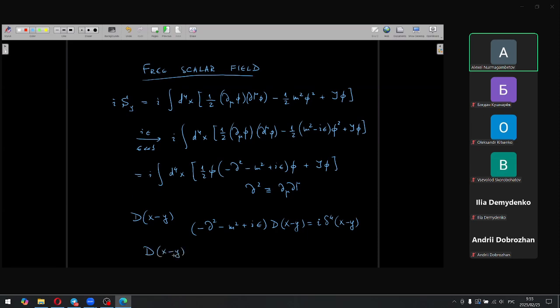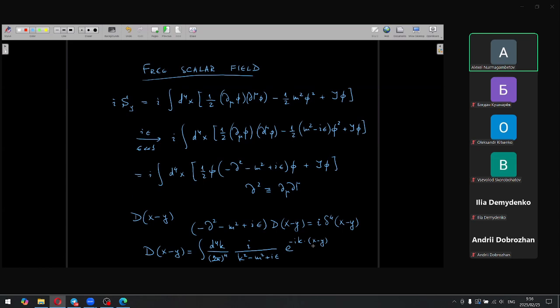D of x minus y is equal to the integral over the four-dimensional space, say dual to the coordinate space, of the momenta, i over k square minus m square plus this small shift i epsilon, times the exponent of minus i k multiplied by x minus y.